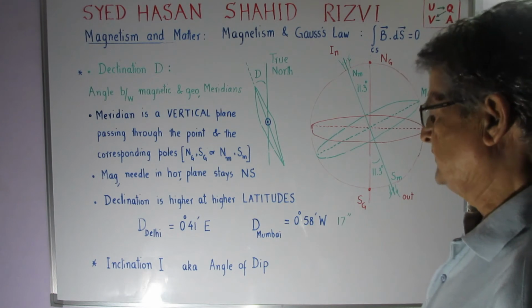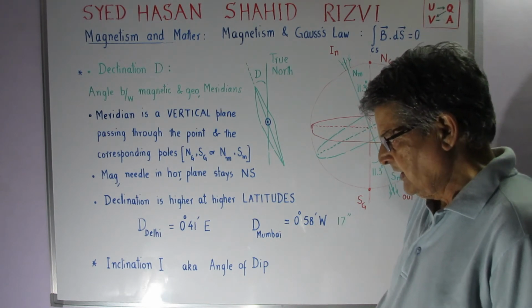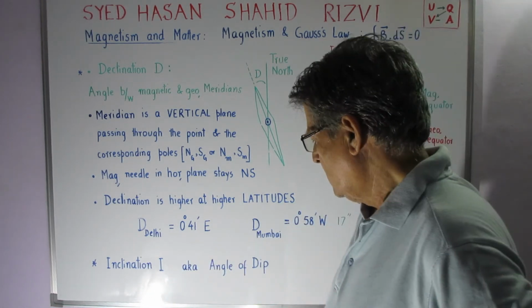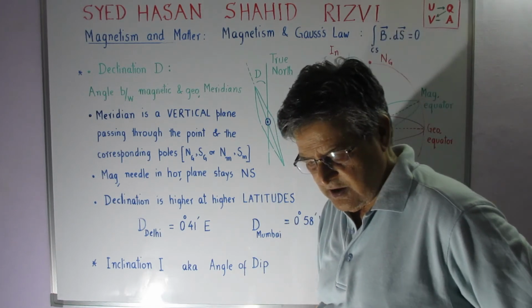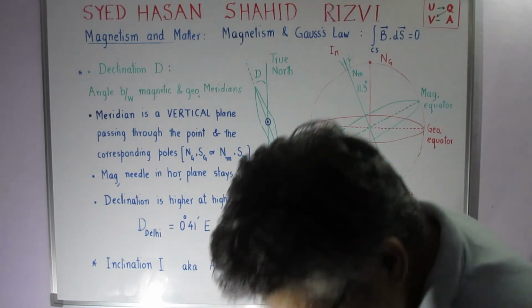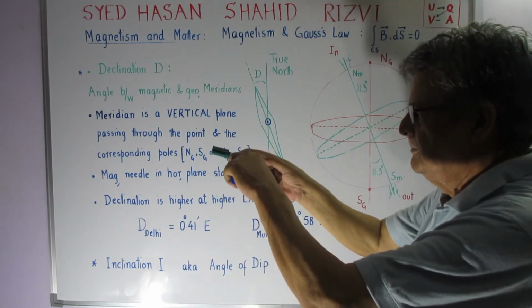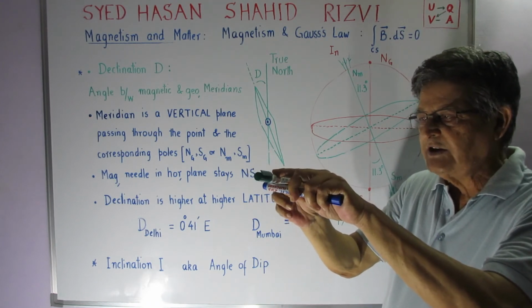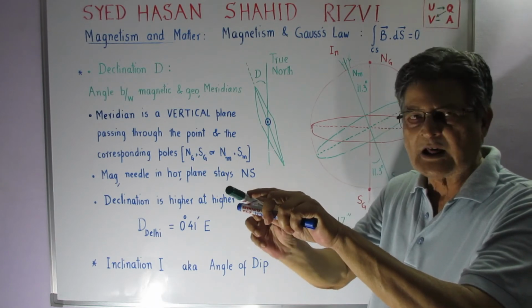The second thing is called inclination, also called the angle of dip. But in this case, we have to have the pivot like this, okay, and this is the needle. The needle can move in the vertical direction.